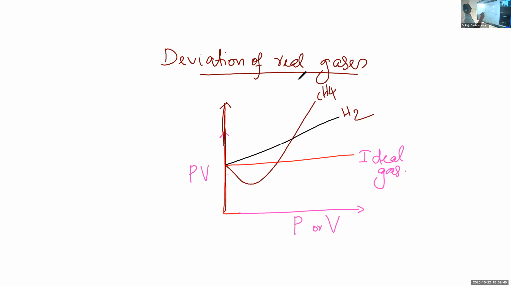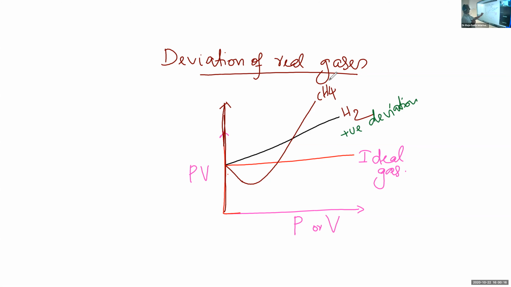This type of deviation is called positive deviation. The graph shows PV always greater than that expected for an ideal gas, for example hydrogen or helium.